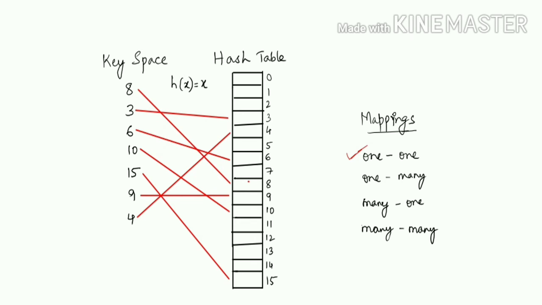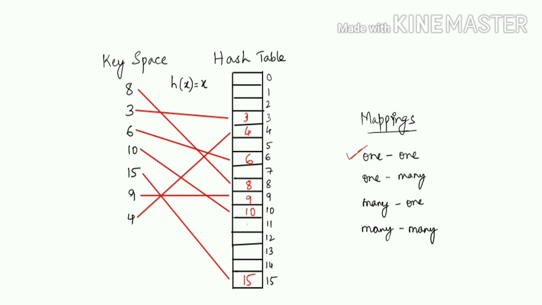You can observe one more drawback here: the keys should not be repeated, or there should not be any duplicate keys. The elements we are calling keys. So I'll just complete it. 6 is stored here, 8 is stored here, 9, 4, 10, 11 is not there, we have 15.